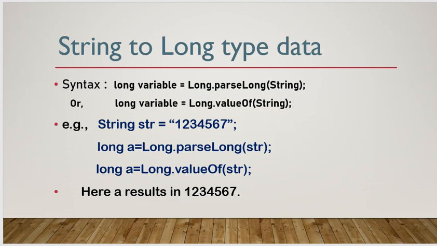Again we are taking the value 1234567 as an example in a string variable, and we are converting it into its corresponding long data type. If we use the first function Long.parseLong, or else the second one Long.valueOf, in both cases a results in 1234567.